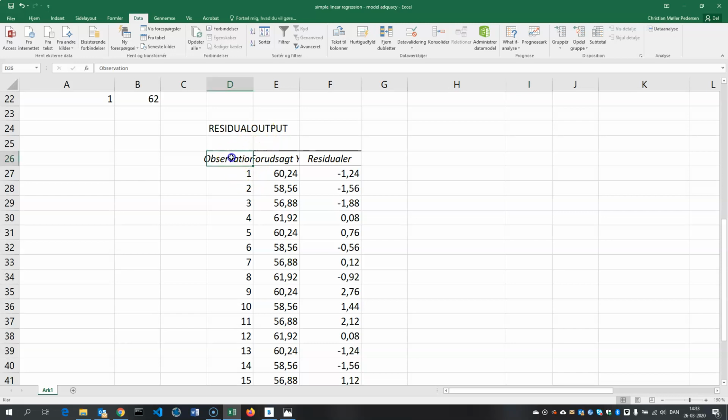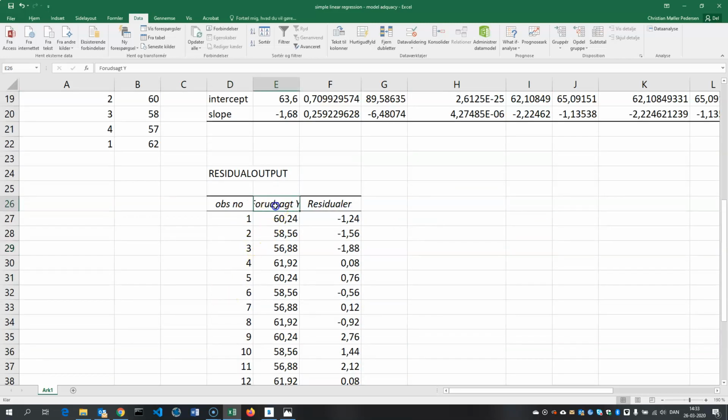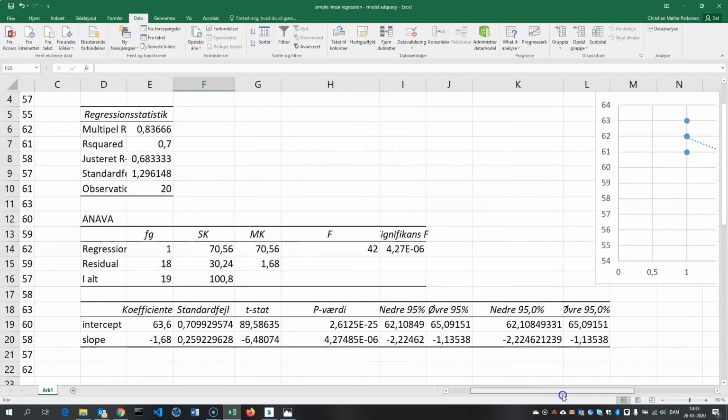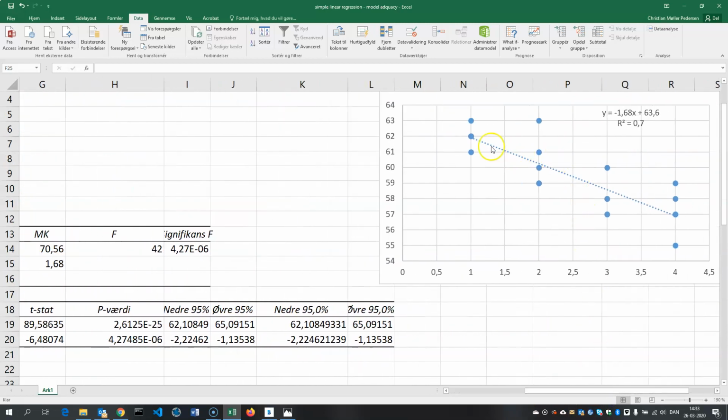So here we have the observation number, 1, 2, 3 up to 20 observations. This is our model response. So these values are the computed values corresponding to the points here on the line.